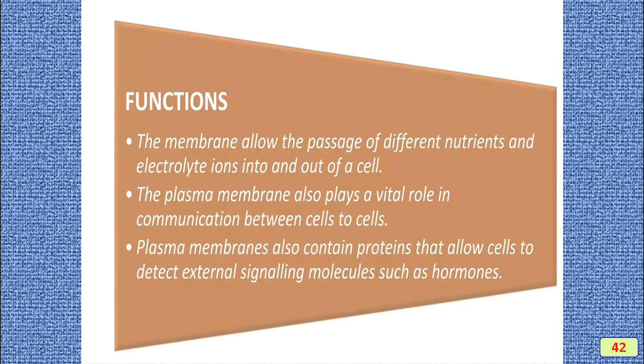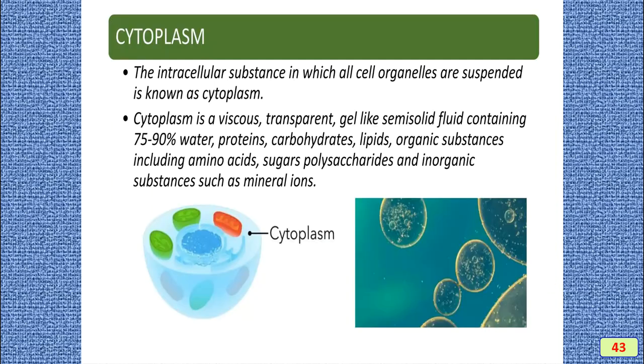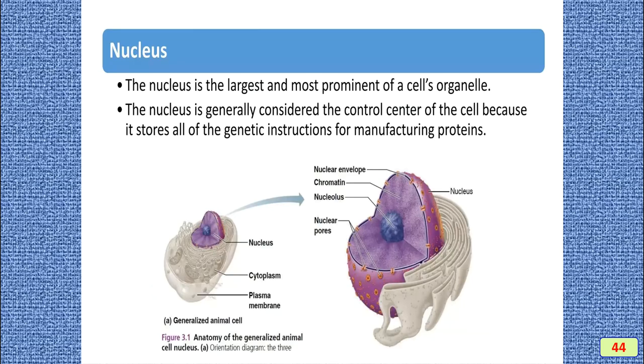All the cells have similar functions. For communication between cells, plasma membranes also contain proteins that allow cells to detect external signaling systems. The cytoplasm contains fluid, and all the organelles float inside it.